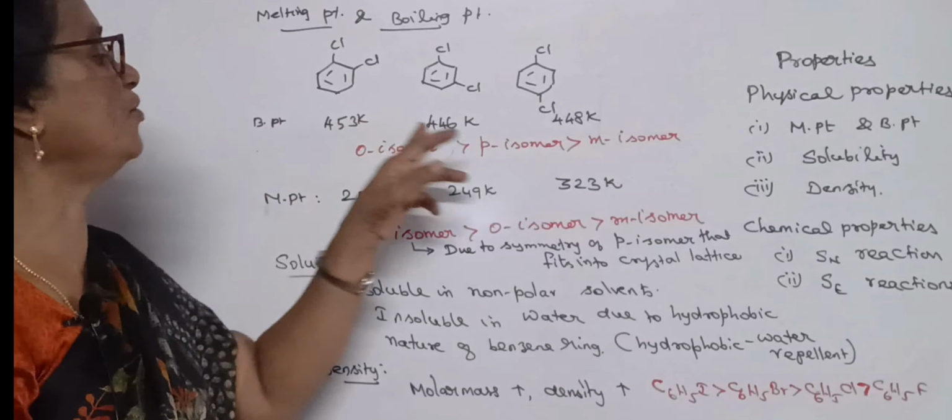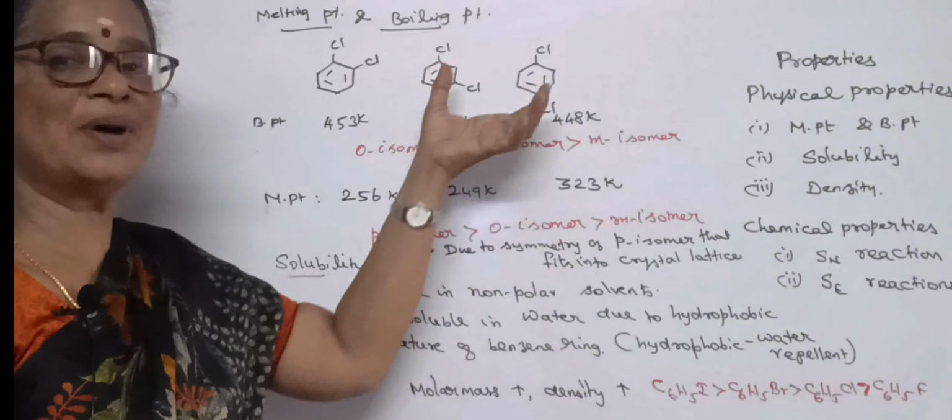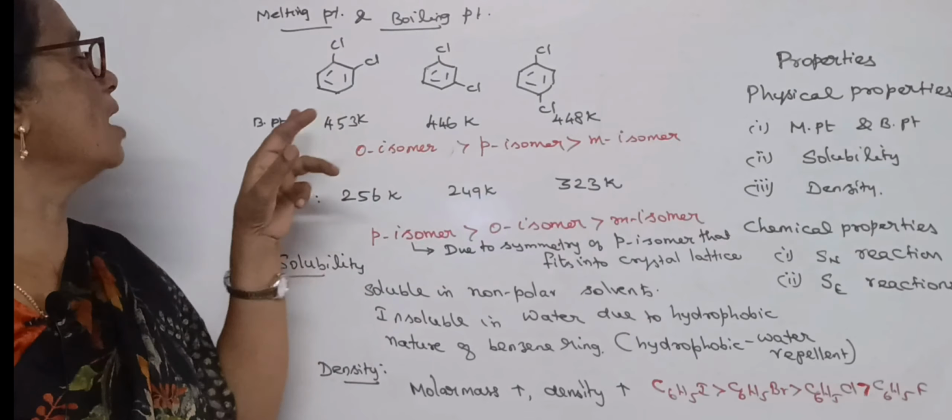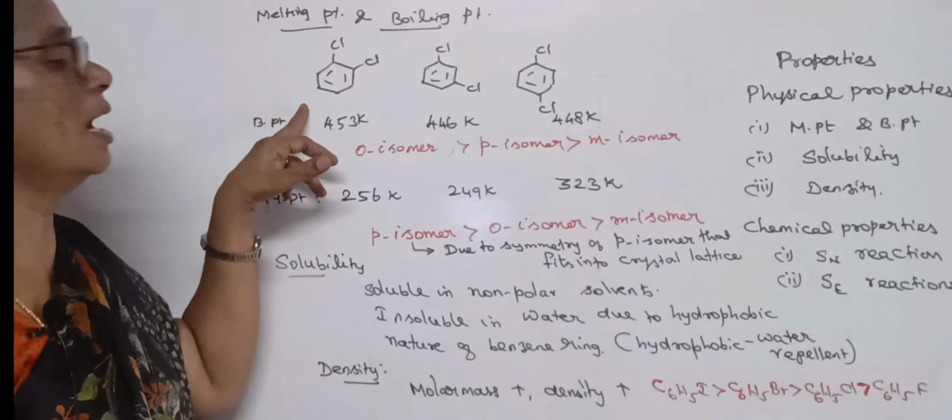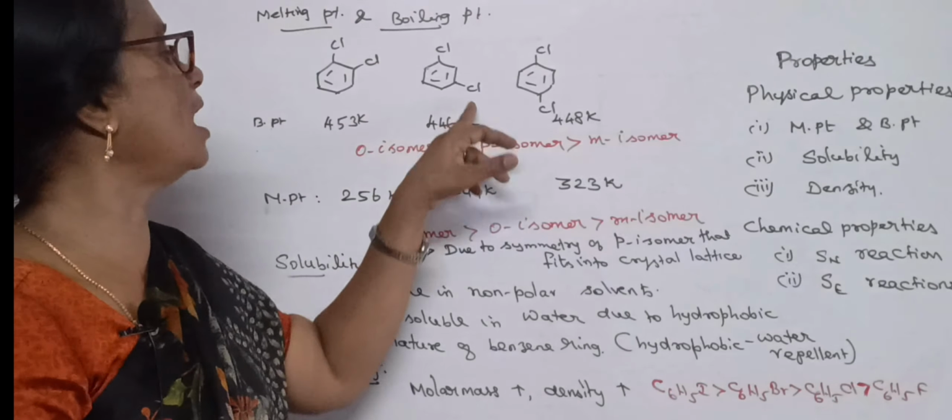See 453, 446, 448. Among them, the ortho isomer has a somewhat higher boiling point than the para isomer, which is higher than the meta isomer.